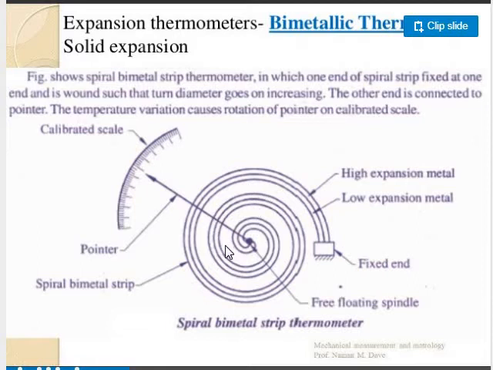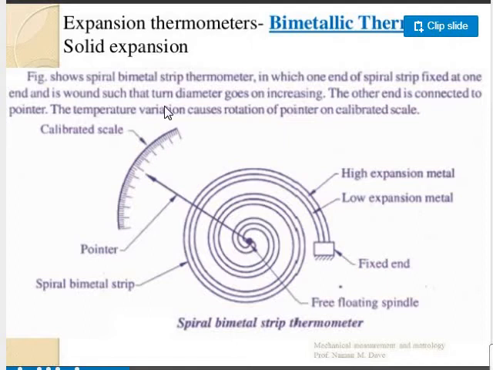So either it will contract inside or it will expand outside. This contraction or expansion will show the change in temperature by means of the movement of the spindle. So when the spiral tube expands or contracts, the spindle will float. It moves freely. So the free floating spindle will either go inside or come toward this end. Based on that, we read the reading here.